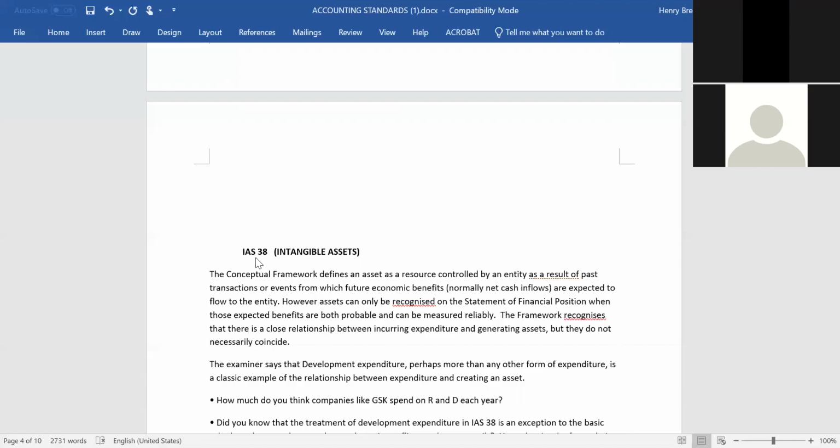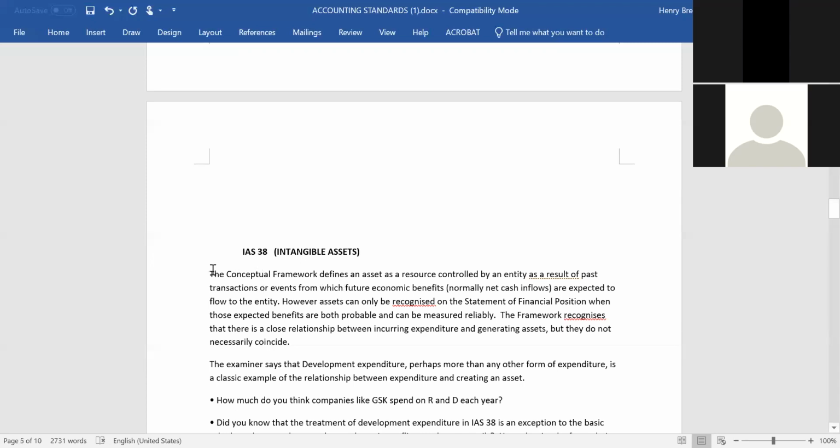In the case of PPE, which is IAS 16, it reduces in value by depreciation. In the case of an intangible asset, it reduces in value by amortization. So we can amortize an intangible, and we can depreciate property, plant, and equipment, right? But in the case of goodwill and other intangible assets which do not have a limit in terms of lifespan, an intangible asset that is into perpetuity, we do not amortize such an intangible asset.